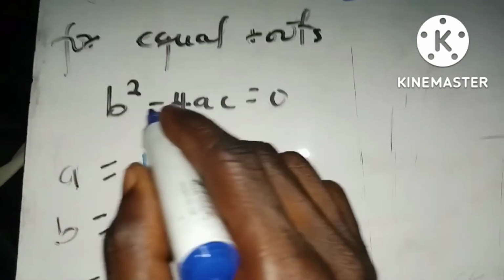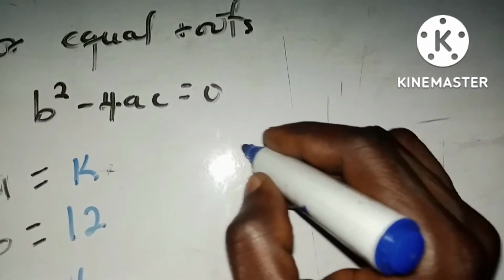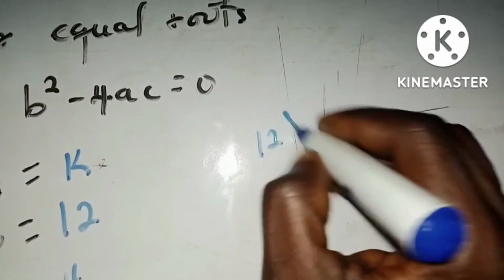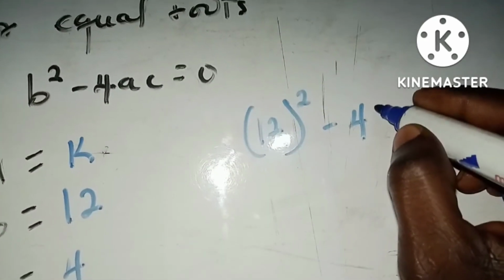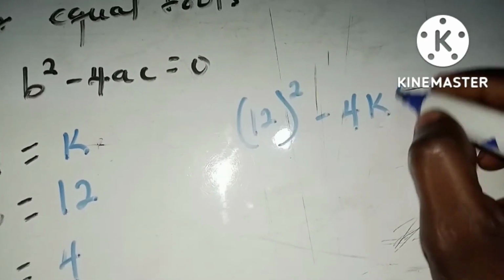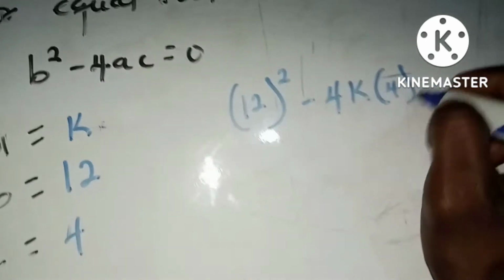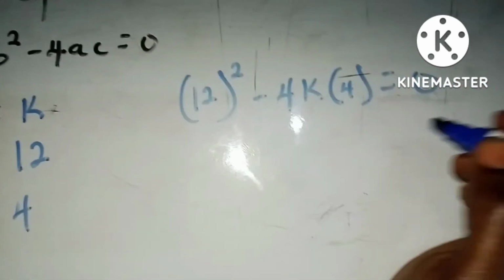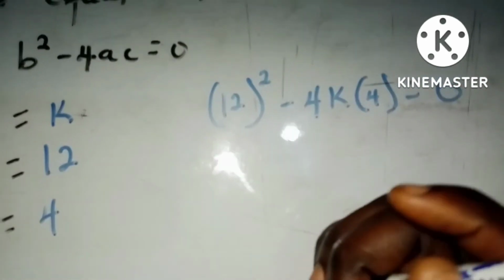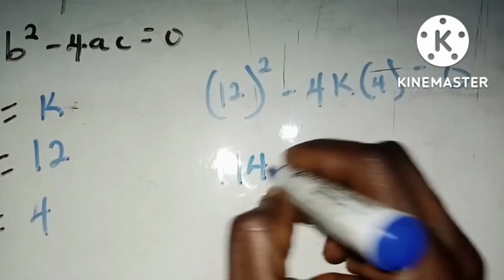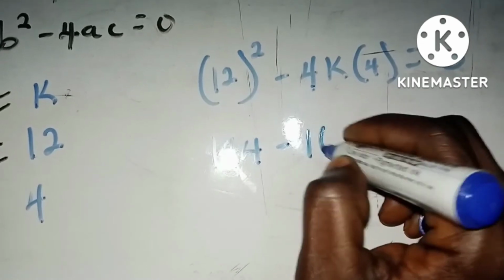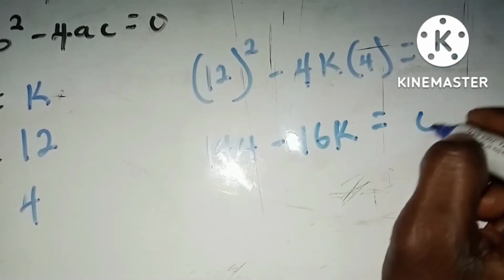Right, so plugging this into the definition, we have b squared, that is 12 squared, minus 4a, where a is k, multiplied by c, so c here is 4. Everything must be equal to 0. So 12 squared is 144, and minus 4 times k times 4 is 16k, and everything equals 0.